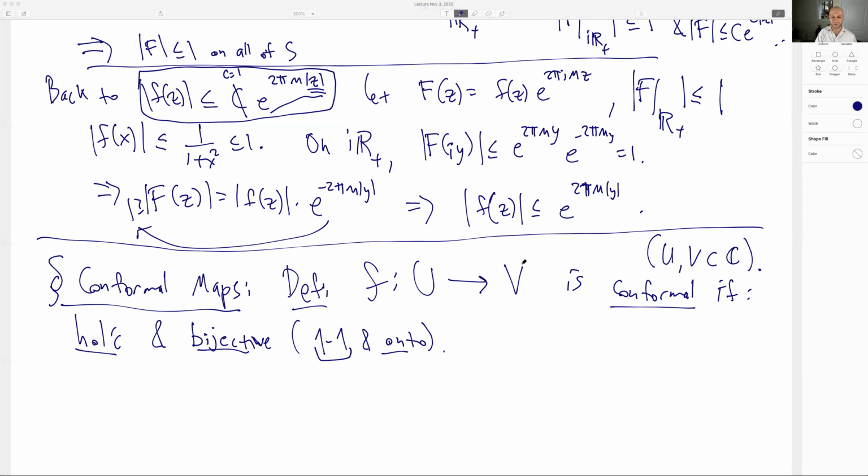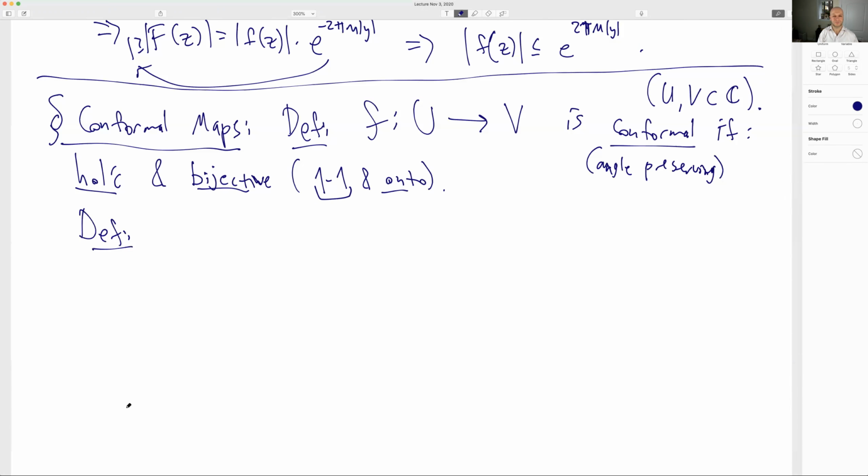They're automatically angle preserving. We discussed on day one that these things are angle preserving. Professor, wouldn't z squared on the punctured disk be conformal, but not one-to-one?